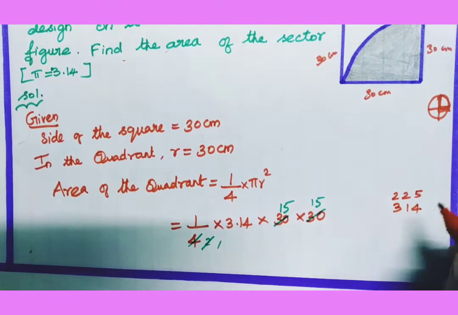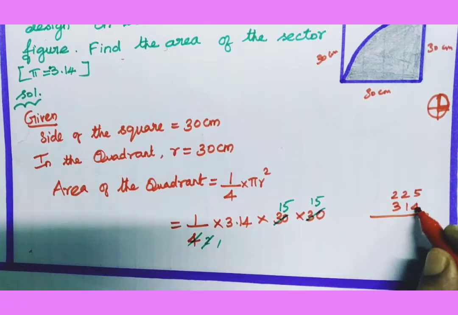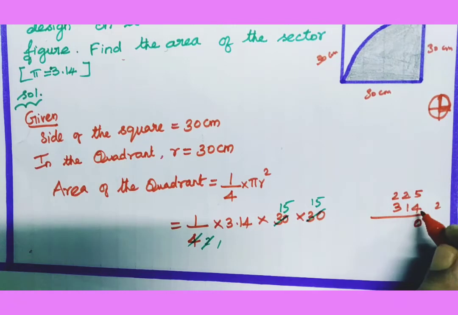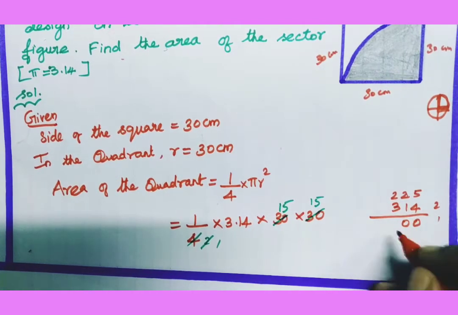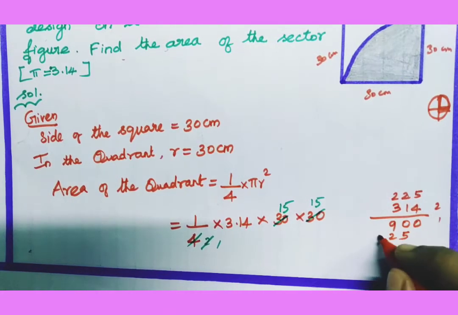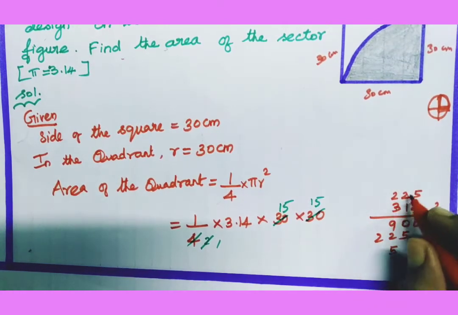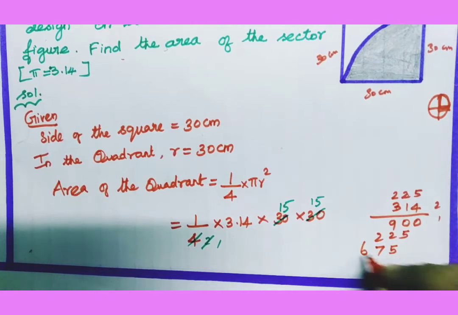I said before itself, don't see the point, at last you can give. Now, 5 4s are 20, remaining 2, 2 4s are 8, 8 plus 2 is 10, remaining 1, 2 4s are 8, 8 plus 1 is 9. Next into 1, same number will come. Next, 3 5s are 15, remaining 1, 3 2s are 6, 6 plus 1 is 7, 3 2s are 6.